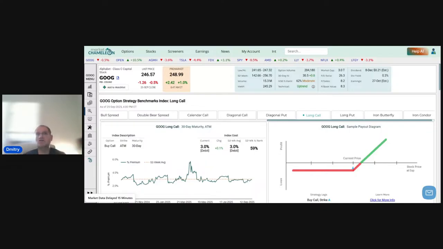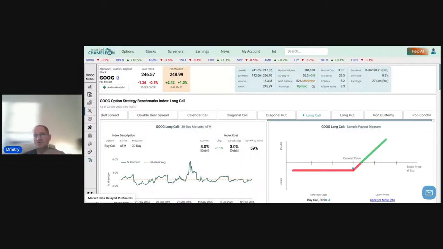So if a stock is 100 and you're looking at a strike that's 150 or 200, you're talking about a strike 50% away or 100% away. Or you could have an option that is equal to the stock price, at the money, right? So if the stock's at 100 and you have an option with a strike price of 100, we call that at the money.